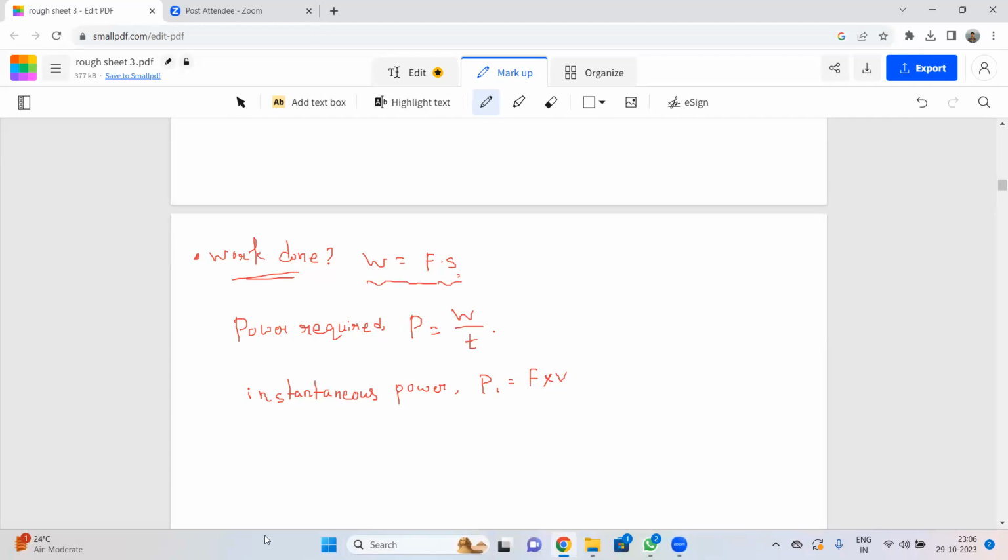And one more thing is about impulse. Impulse basically we get from the conservation of momentum.